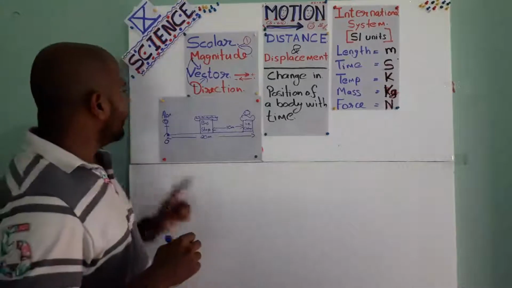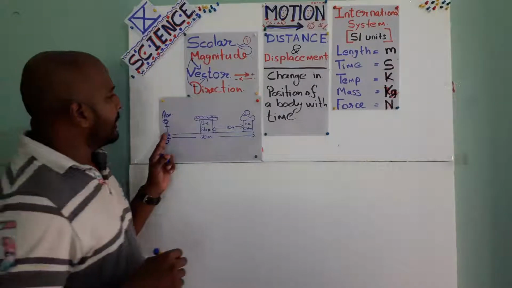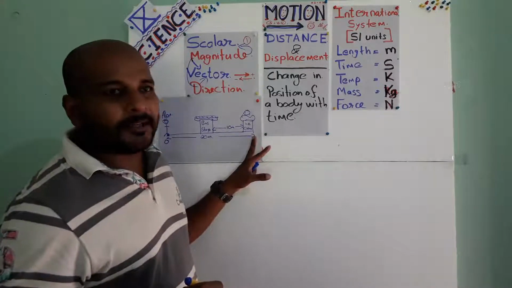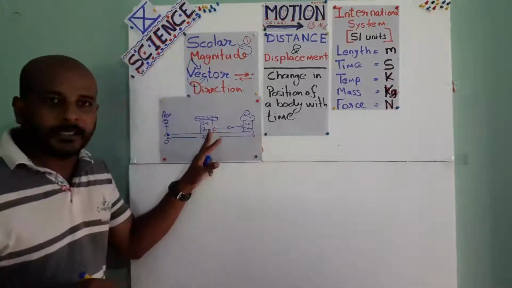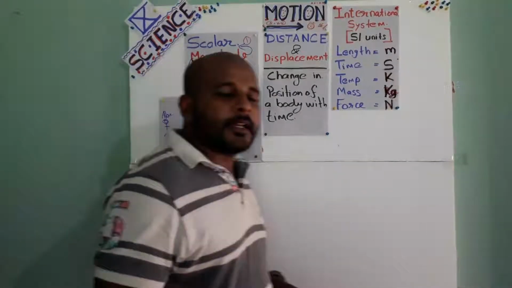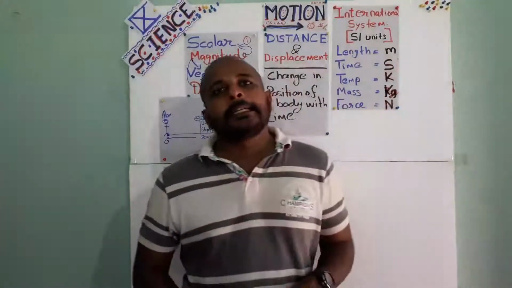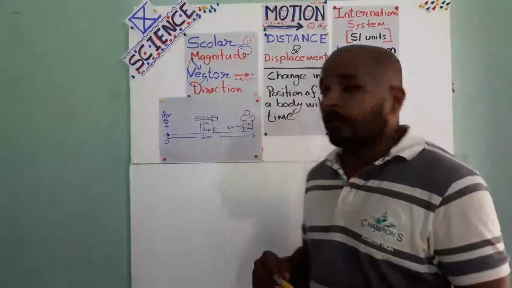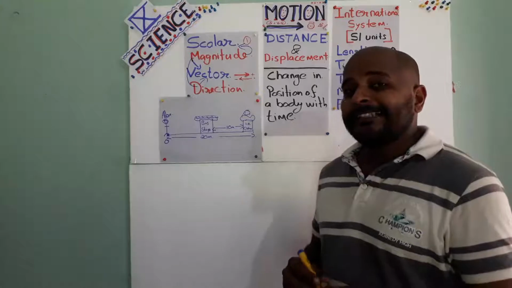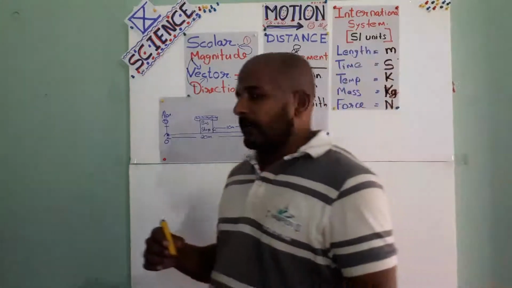Understand? So, Ramu went to the ice cream shop, bought the ice cream, and he came back to the bus stop. That is the question. How much distance did Ramu travel? Okay.